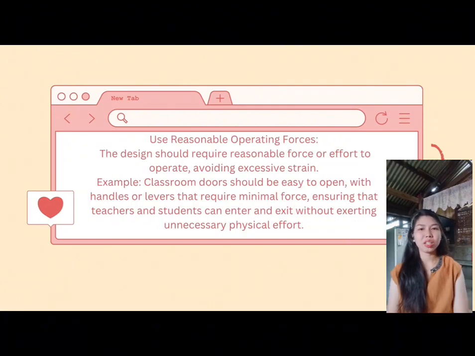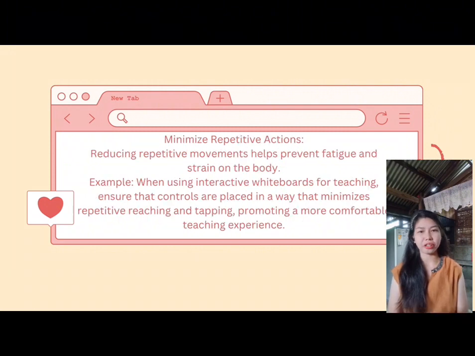The second one is use reasonable operating forces. The design should require reasonable forces or effort to operate, avoiding excessive strain. For example, classroom doors should be easy to open with handles or levers that require minimal force, ensuring that teachers and students can enter and exit without exerting unnecessary physical effort.